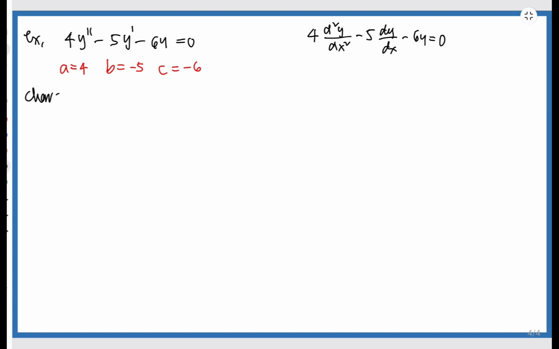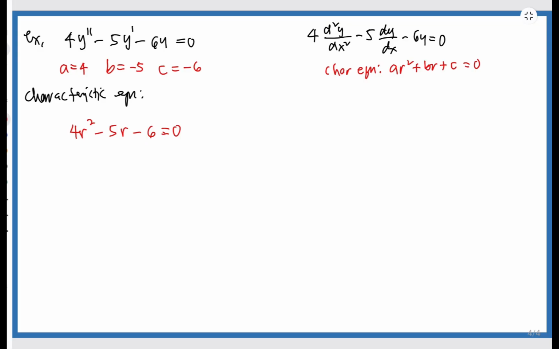So, the characteristic equation ar squared plus br plus c equals 0 would be 4r squared minus 5r minus 6 equals 0.